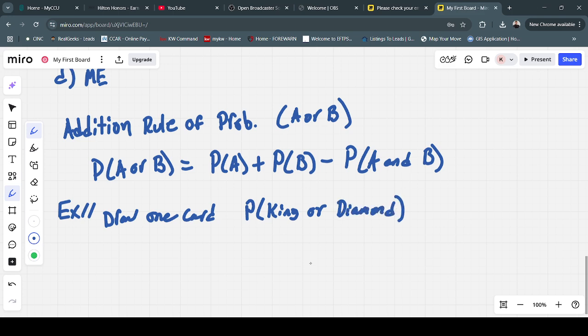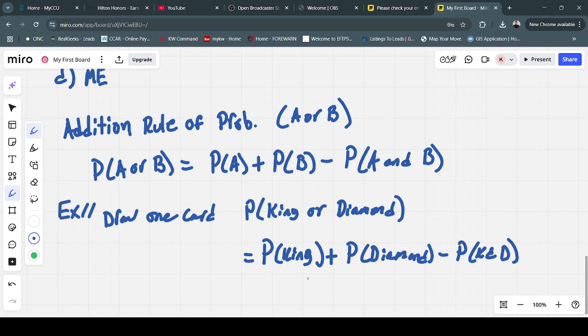Can we have both things happen at the same time? Yes, there's one card that's both a king and a diamond. So the probability equals the probability of getting a king, plus the probability of getting a diamond, minus the probability of getting both.